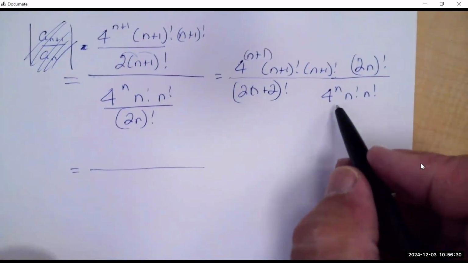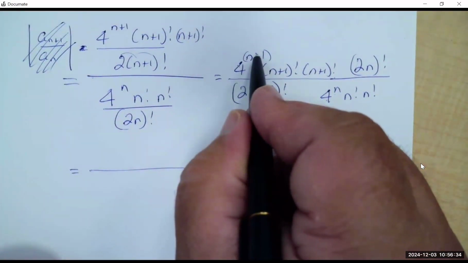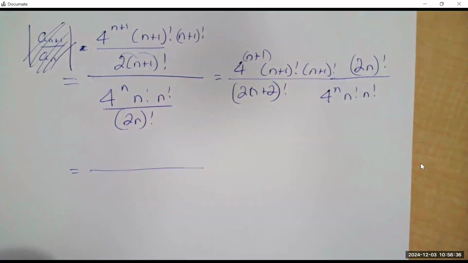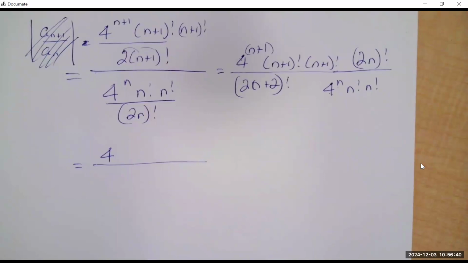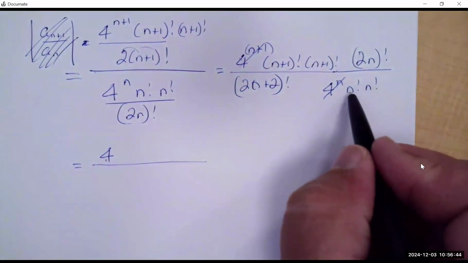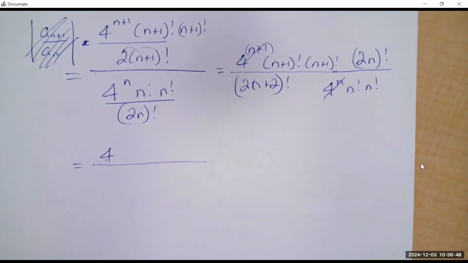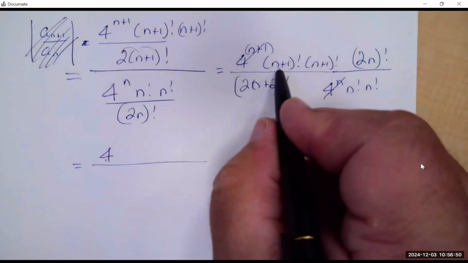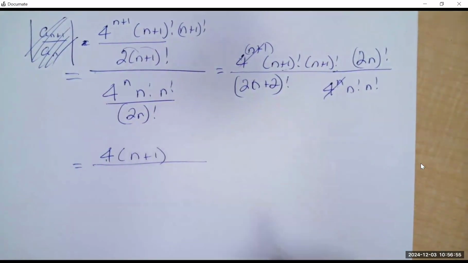So the 4n's. The 4n and the 4n cancels out, leaving me with what? Just a 4, with 1 4. So that and that cancel, leaving me a 4. N factorial, n plus 1. Will leave me an n plus 1.